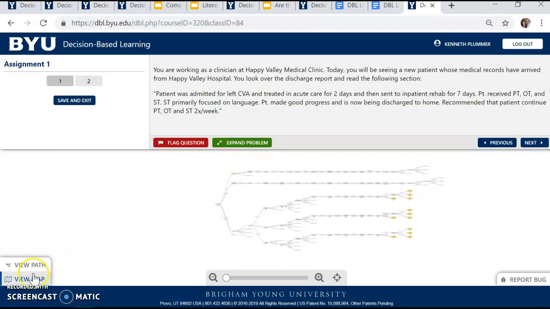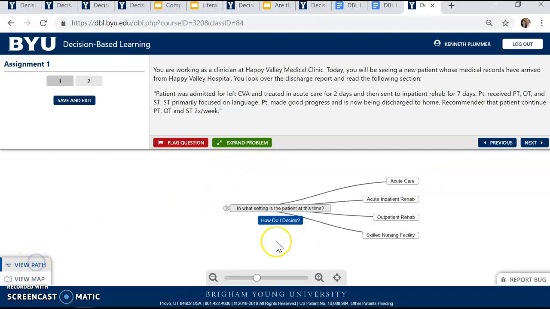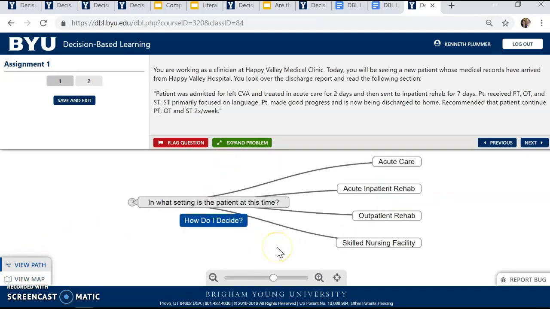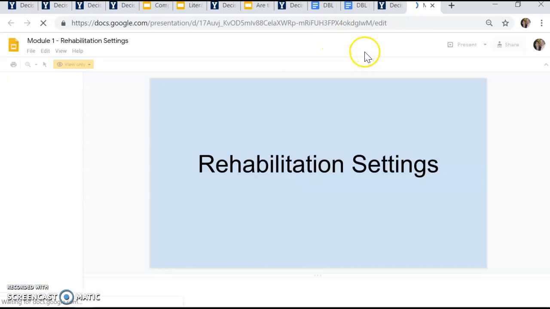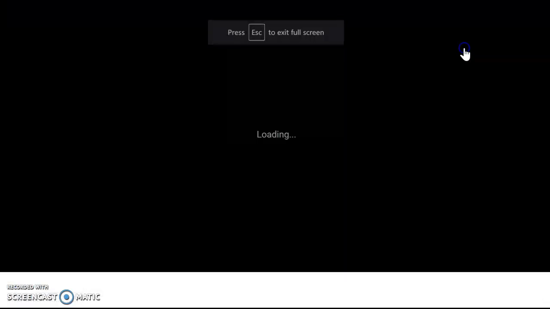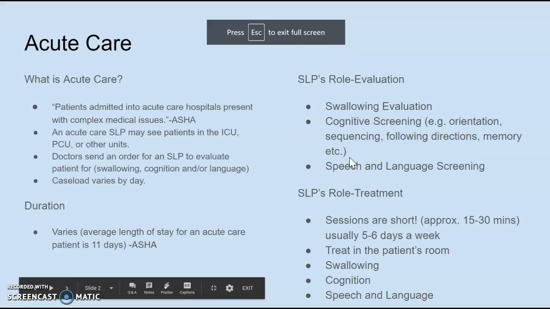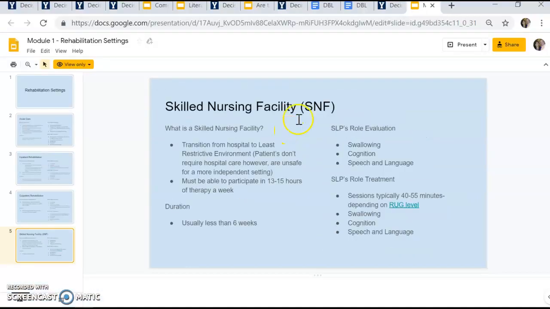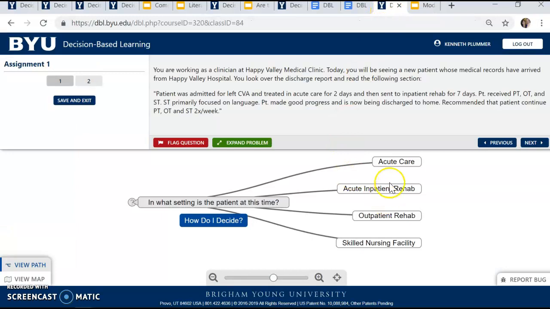So they read about that patient, and then comes the questions that an expert might ask. In what setting is the patient at this time? And so we determine through the how do I decide what are those different settings, and how do you know in a report which setting is relevant in this given situation.